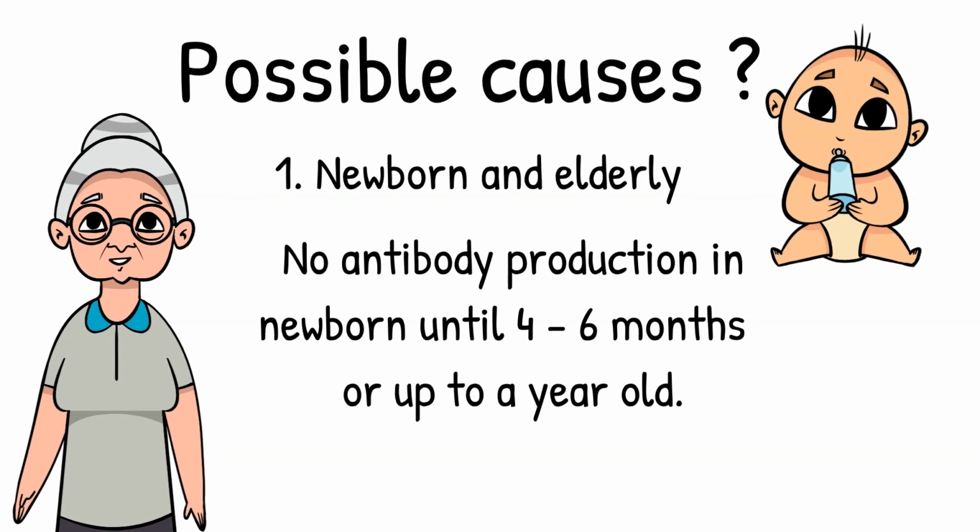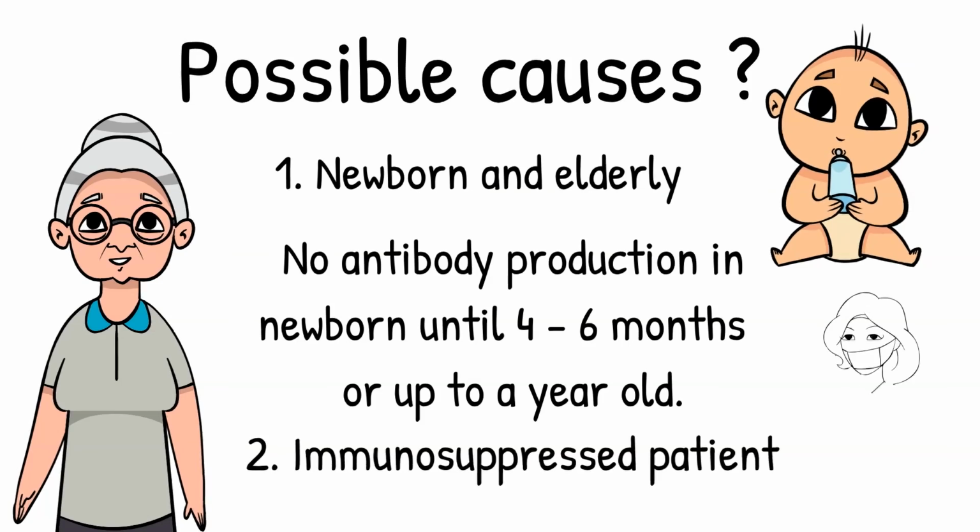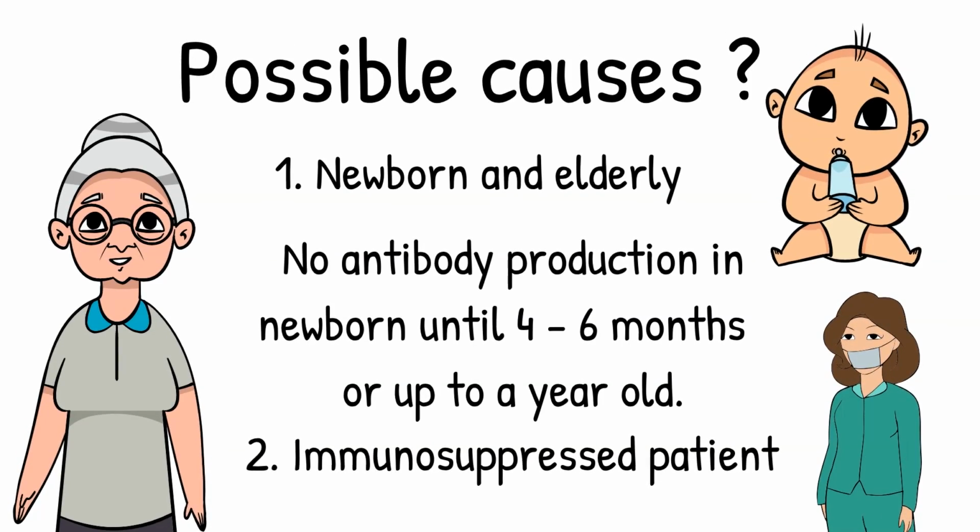Also, as the person grows older, the immune system does not function as well as before. So we can see a weaker expression of the patient's antibody. And that's why in some elderly patients, the reverse does not come up. This type of reaction can also be seen in a patient who is taking immunosuppressive drugs.